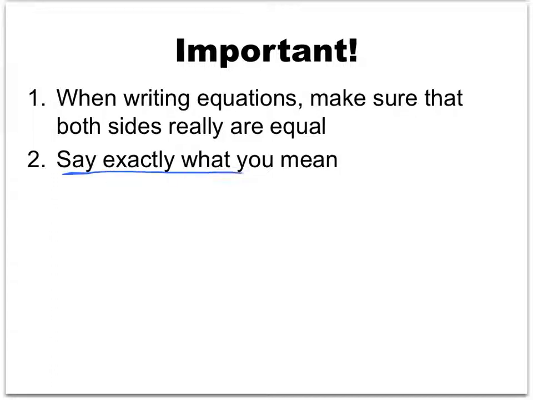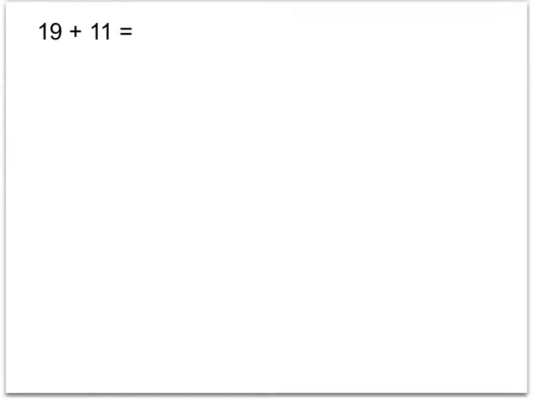Say exactly what you mean. If you say that two things are equal, then make sure they really are equal. And then vice versa, if you mean that two things are equal, then say that they're equal with an equation, with an equal sign.